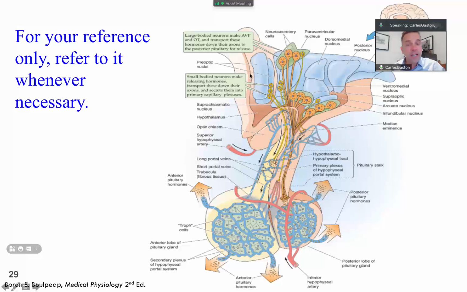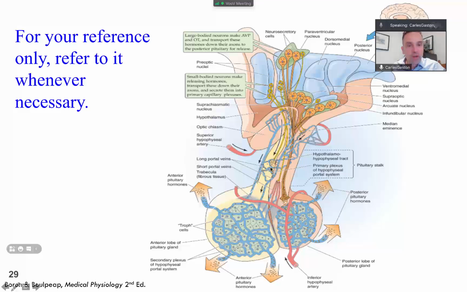All you need to remember is that each nucleus contains neurons specialized in producing certain neuropeptides that will activate the pituitary gland. These are in different locations: the preoptic nuclei, the arcuate nucleus, the suprachiasmatic nuclei, the paraventricular nucleus, the dorsomedial nucleus, the posterior, ventromedial, supraoptic, and arcuate nuclei. Each one contains a certain population of neurons, which we will study.